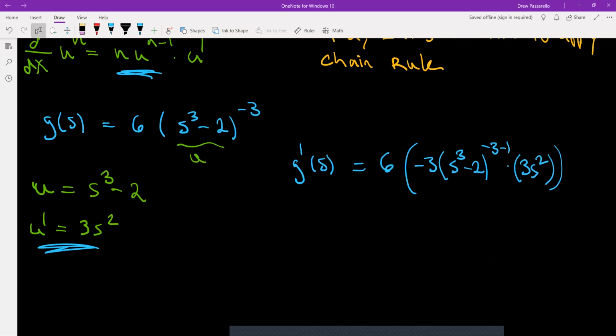All right, so now I'm just going to simplify it. I could do 6 times -3, that's -18, and then -18 times 3 is -54. So I'm doing 6 times -3 and then times 3. That gives me -54. And then I'll put the s squared first and then the other stuff. What's after that is going to be s cubed minus 2 raised to the -4 power.